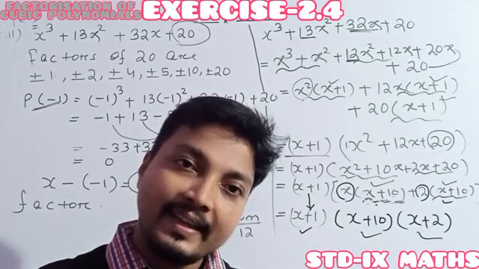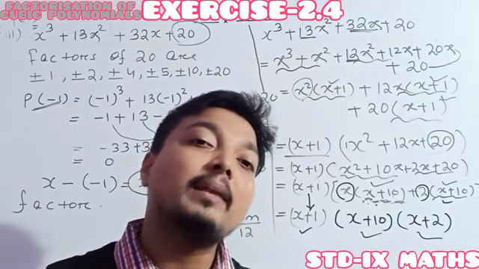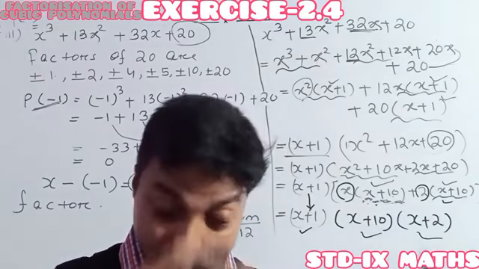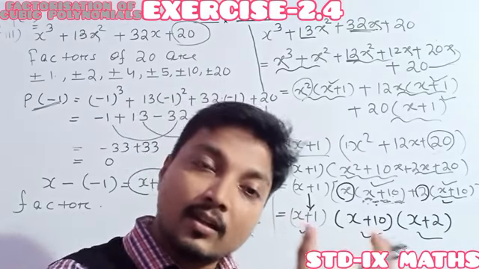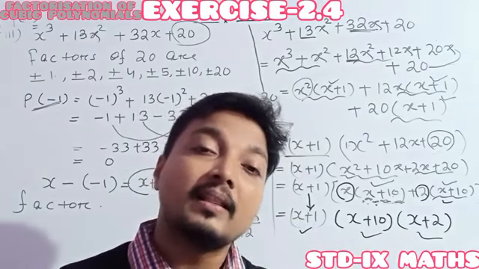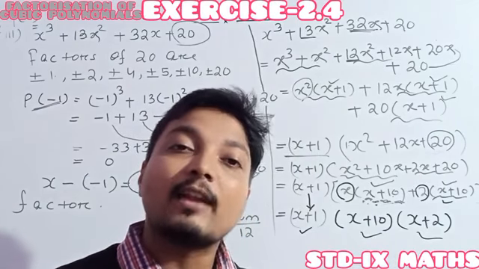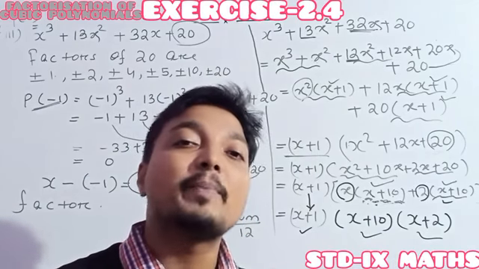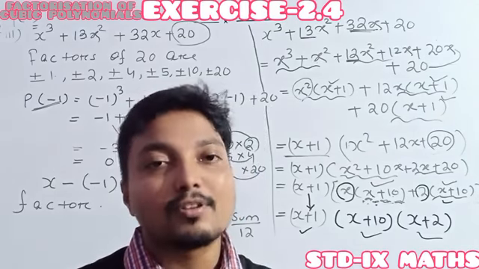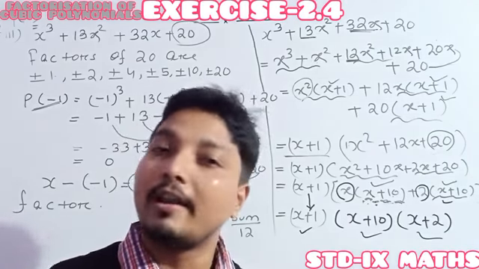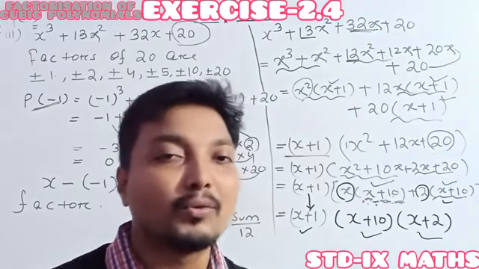Then the quadratic I have to split by using the division method. Then by using the splitting method, that quadratic polynomial was factorized in the form of two linear factors. And the same question I have already done in another shortcut way also.